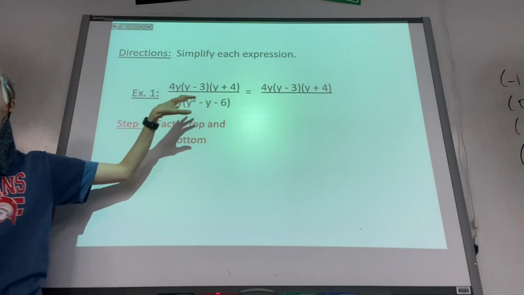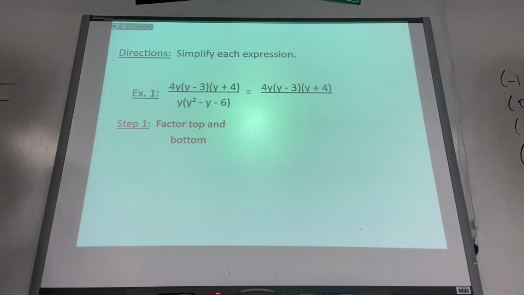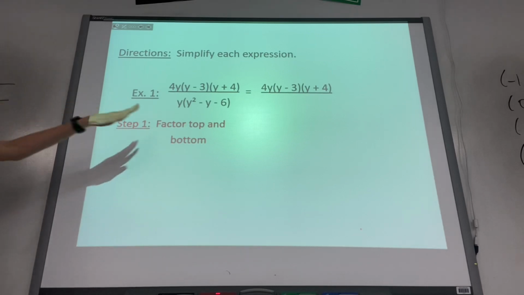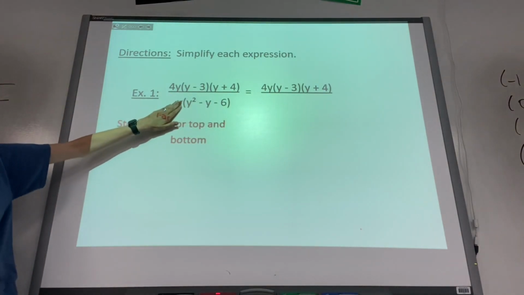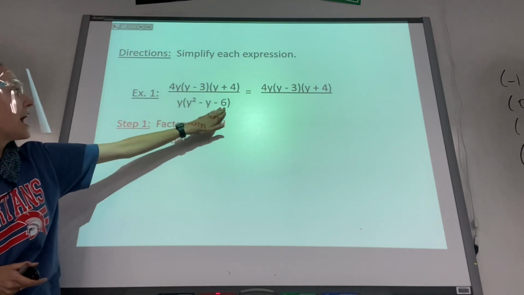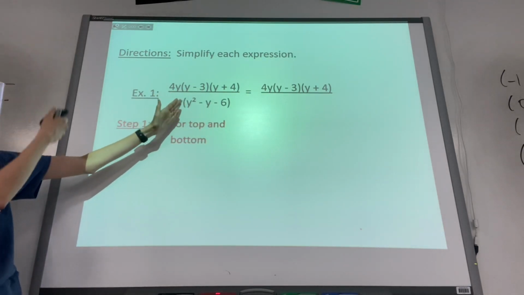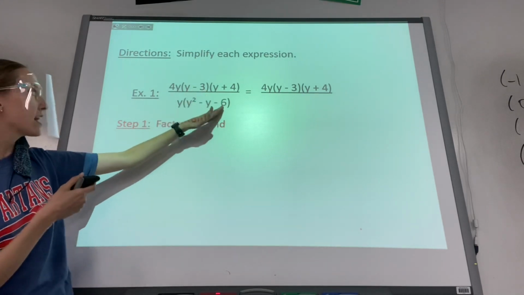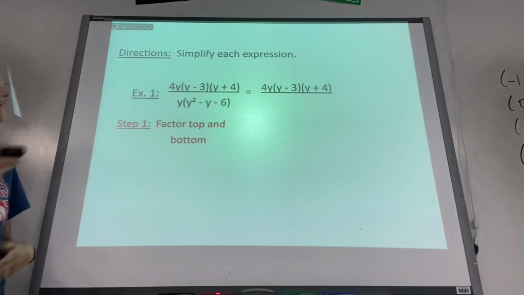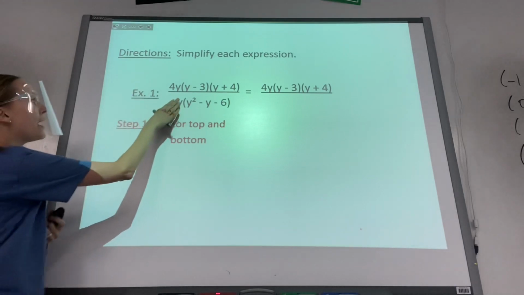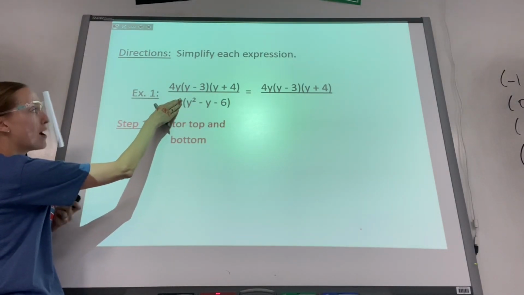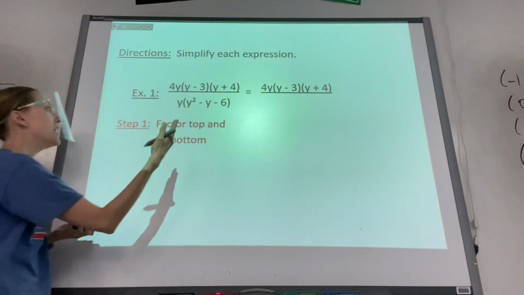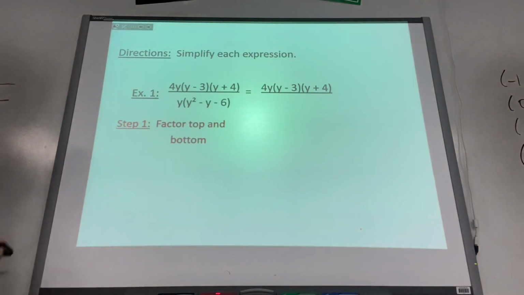But now we have to look at the bottom. And I know it's been a while since we learned how to factor, but remember with the trinomials, forget this y out front for just a minute. Anytime you have a trinomial with a y squared, y and a constant, and there was no coefficient in front of the y squared other than 1, we called that nice factoring.